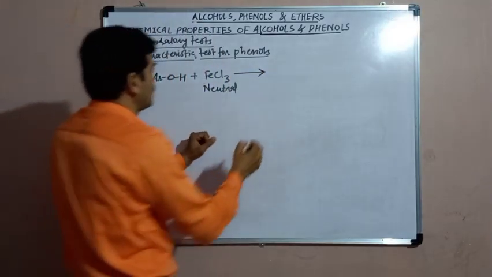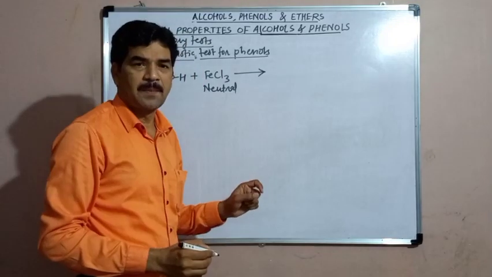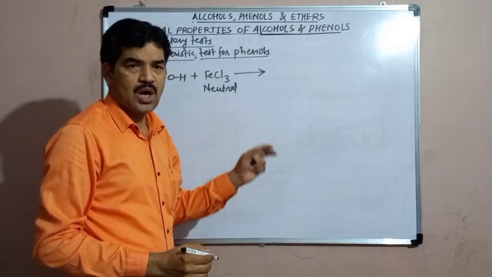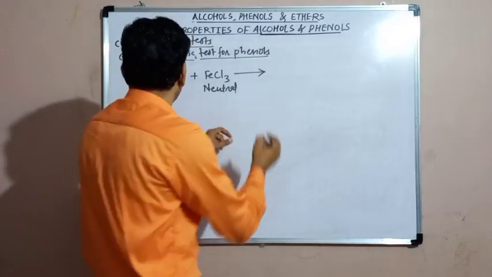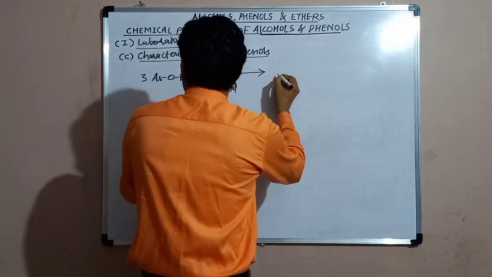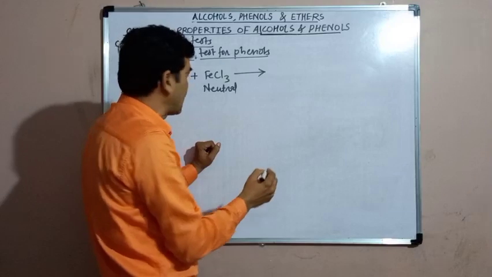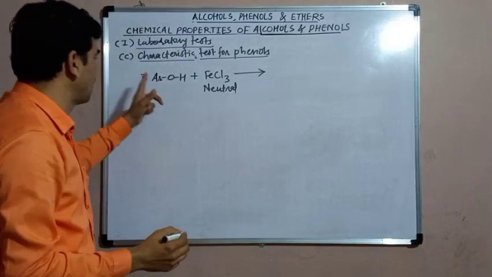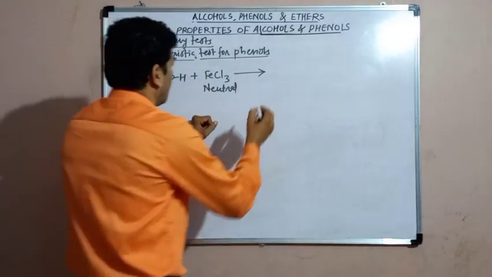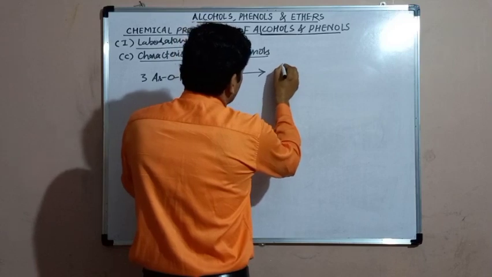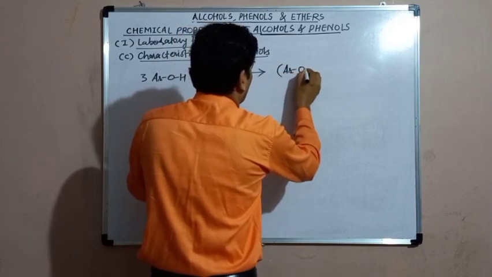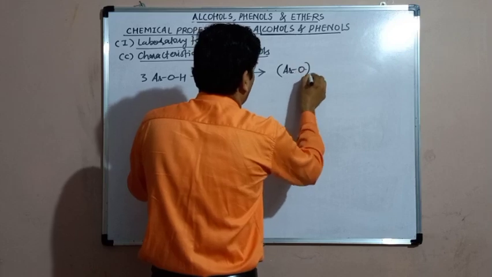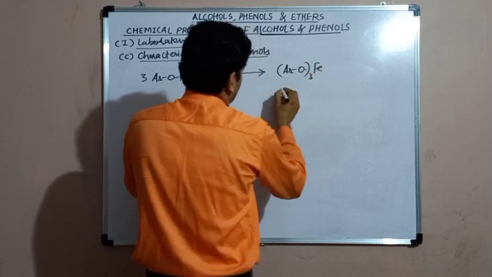Then there is a formation of dark purple, dark violet or dark green color. This formation of dark color indicates that the given compound is phenol. This dark color is due to the formation of ferric phenoxide.